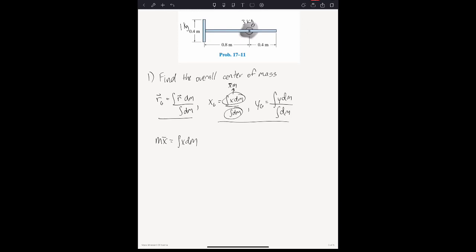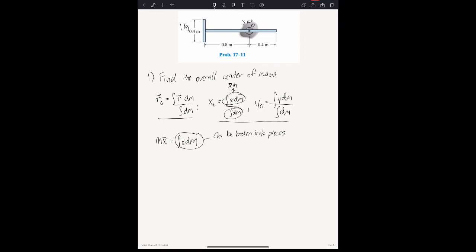But there's something to recognize here. This integral can be broken up into pieces.